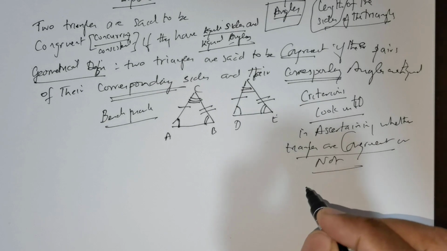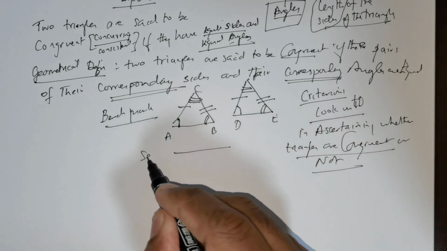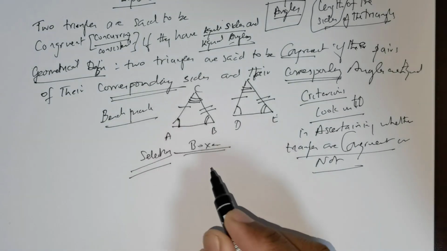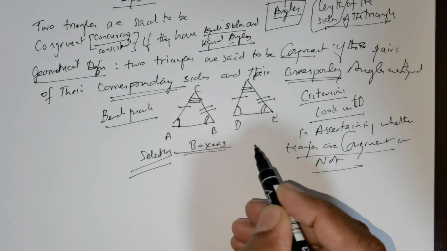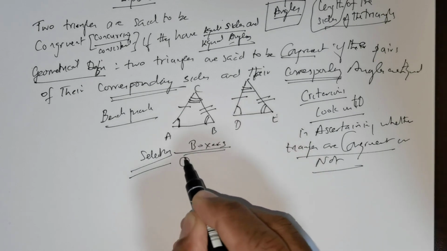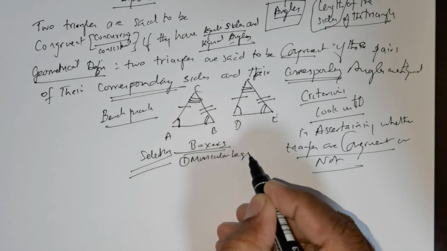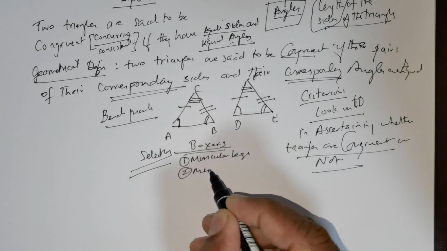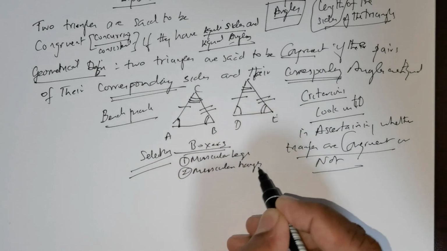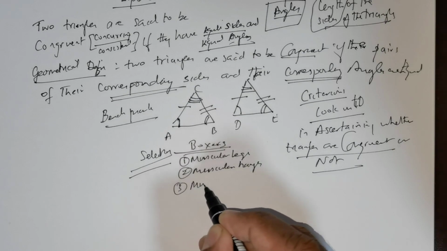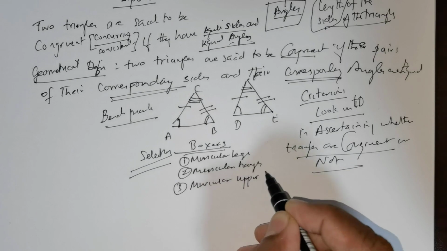So what exactly does it mean? Imagine, for example, a selection that is going on, the selection for boxers, right? And the criteria are: number one, muscular legs; number two, muscular hands; number three, muscular upper body, right?